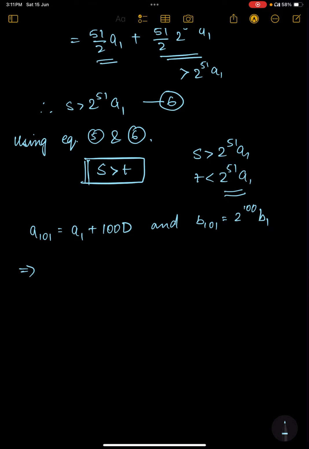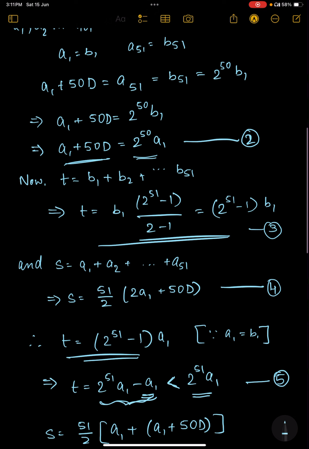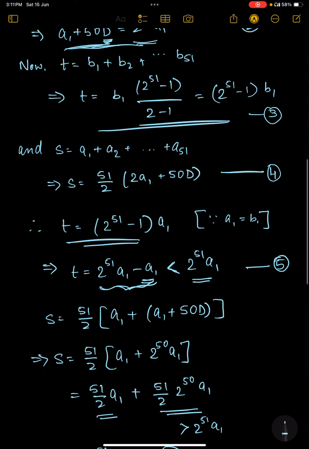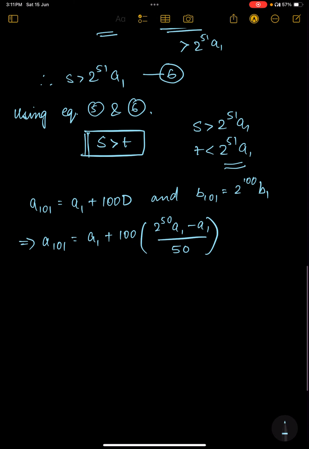Now from equation 2, I can actually determine the value of capital D. I'll use that to my favor over here. A101 is equal to A1 plus 100 into (2 power 50 A1 minus A1) by 50. So from equation 2, I got the value of capital D, which I applied over here.